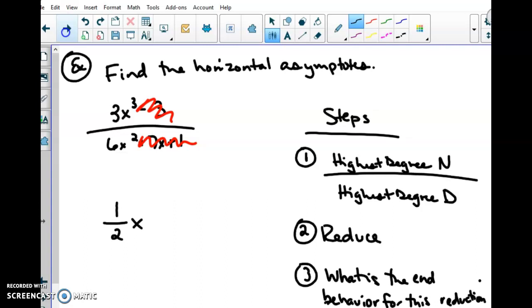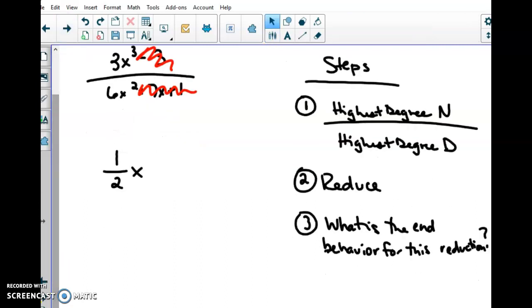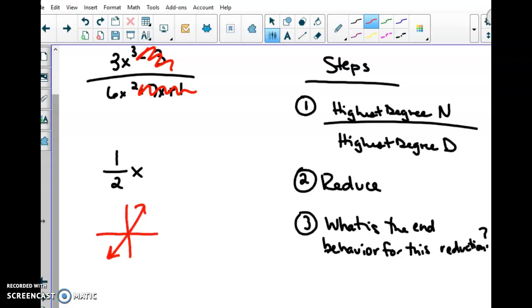Looking at this, I have a 1/2 x, which I know is really just in the form of y equals mx plus b. So this graph of a half x is going to look like this. Looking at this, I actually don't have any horizontal asymptotes for this function because it keeps going on forever. It's going to negative infinity here and positive infinity here.